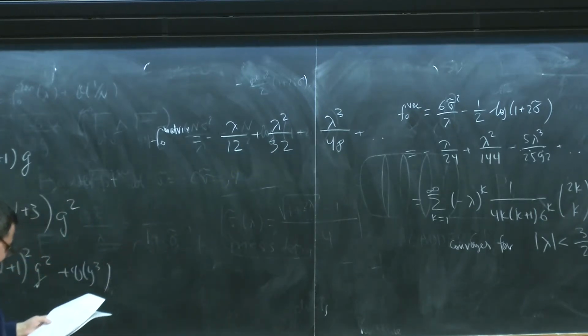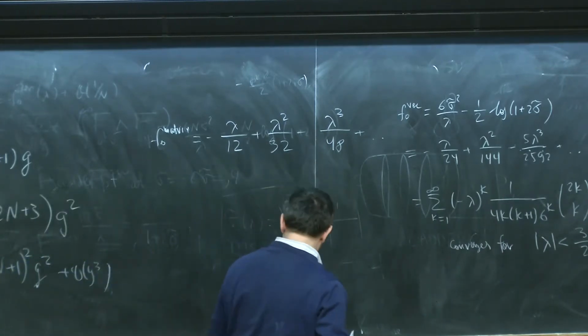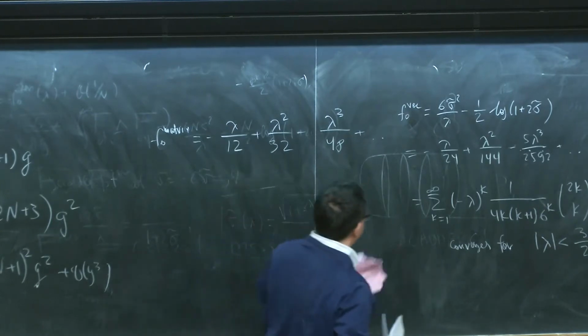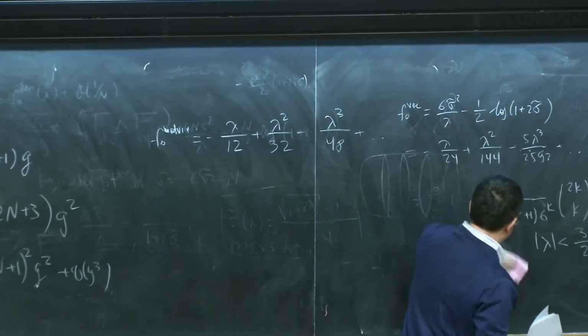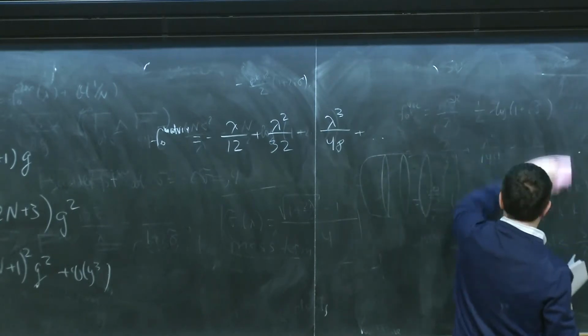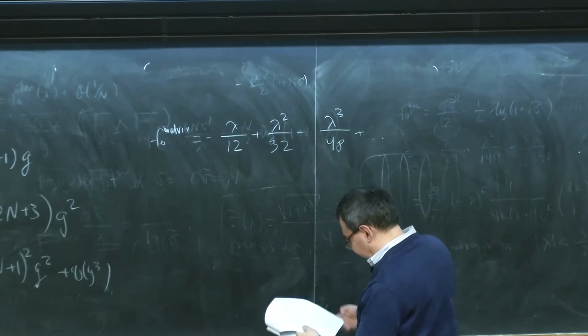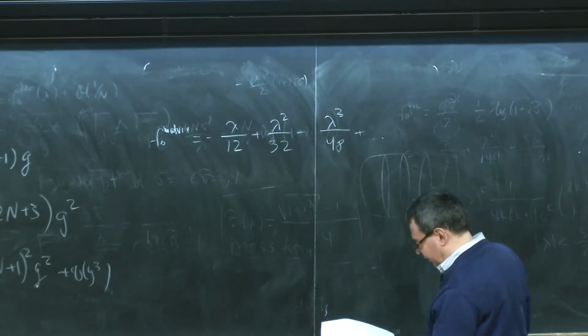Okay, and you can actually solve this problem exactly too, not through the Hubbard-Stratonovich transformation, but there is a standard method of dealing with these matrix models, which is to integrate out the angles and reduce it to an integral over eigenvalues.